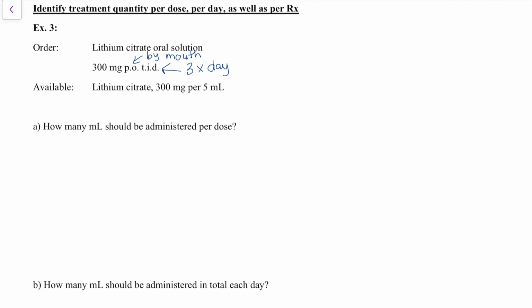But let's look at available and then ordered. So available to us is 300 milligrams per 5 milliliters, and what is ordered is 300 milligrams, how many milliliters?